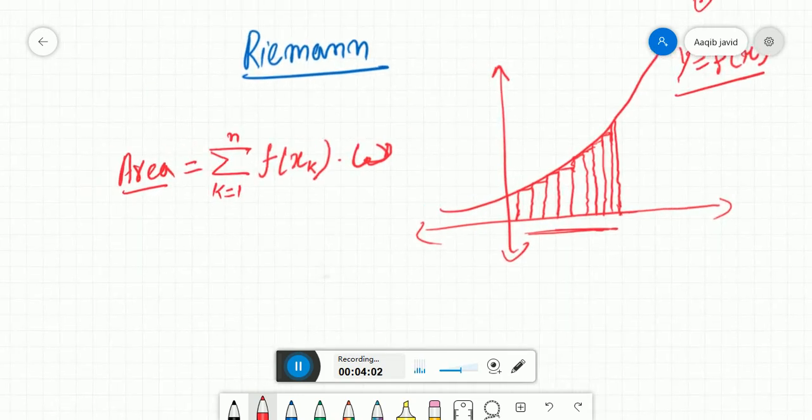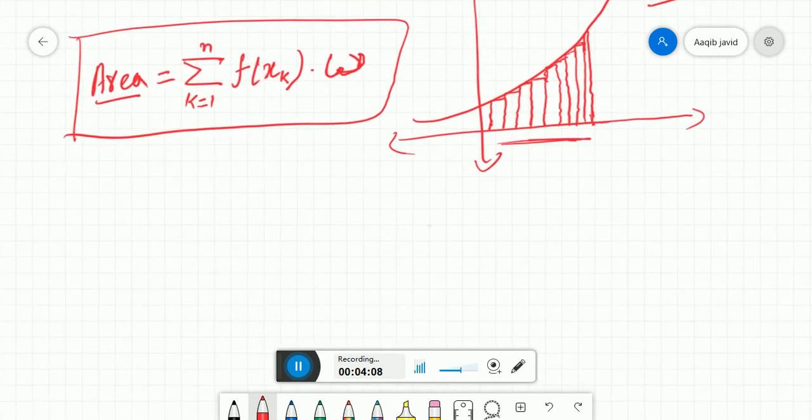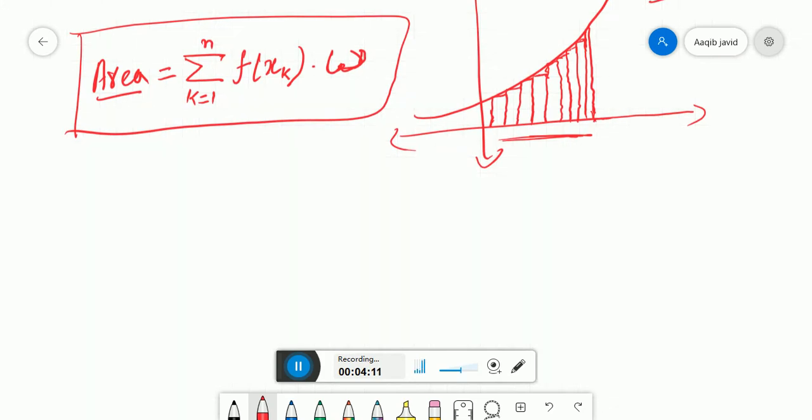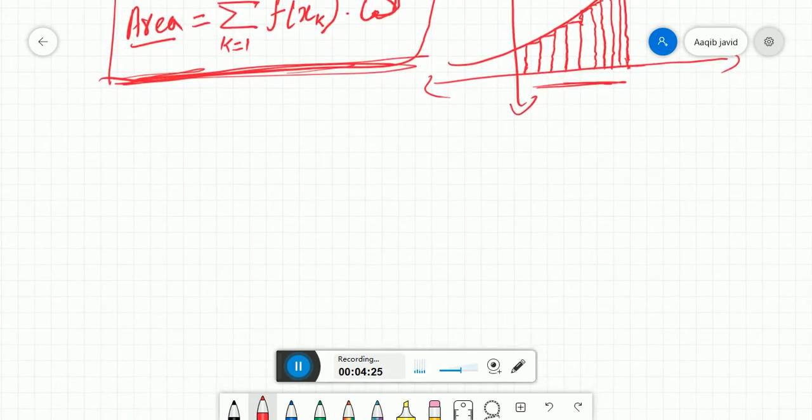This was the basic idea Riemann thought of, but Riemann was not quite satisfied with this idea because he was a mathematician and he needed an exact answer. This expression will only give you the approximate area under that curve. So what he did was simple.